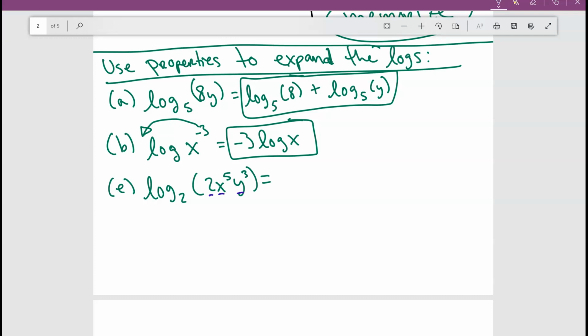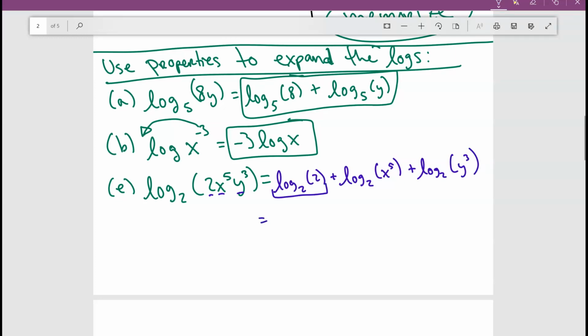We have 3 different things being multiplied, so how many addition signs am I going to have? Two of them, for the 3 terms. The first thing is log base 2 of 2, plus log base 2 of x to the 5th, plus log base 2 of y to the 3rd. Can I reduce this log base 2 of 2?